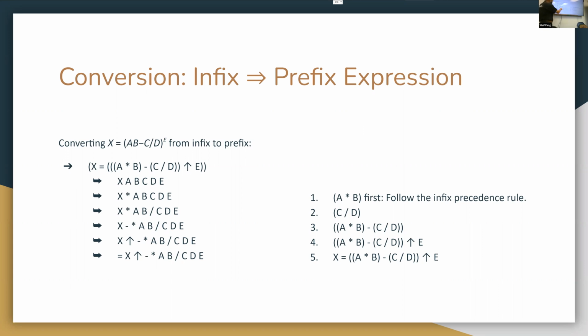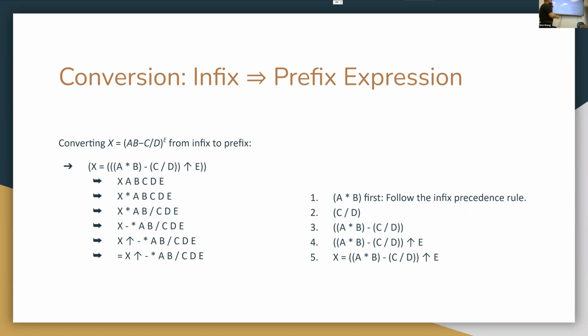So if you look at this, nothing else, this will happen first. This will have to be evaluated first, and this will evaluate next. And then the only operator left in this expression is this thing, subtraction. So this subtract, that's exactly what this means.